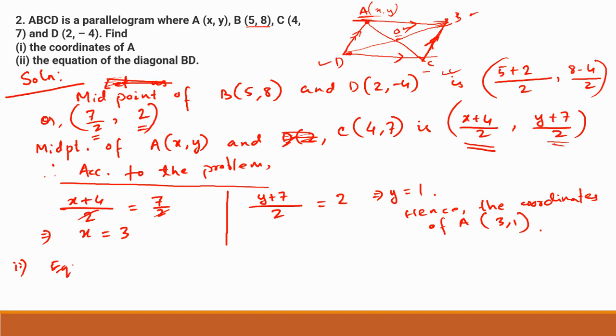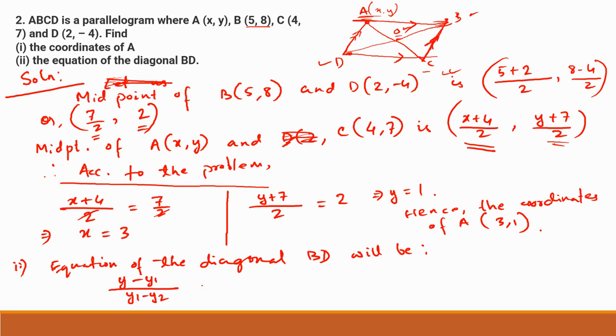So the equation of the diagonal BD will be y minus y1 divided by y1 minus y2 equals x minus x1 divided by x1 minus x2.